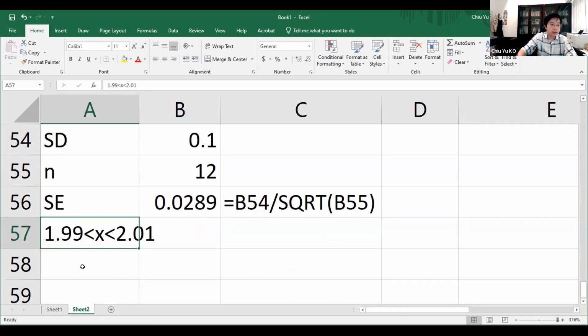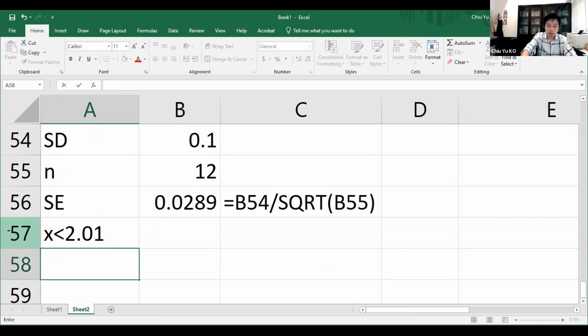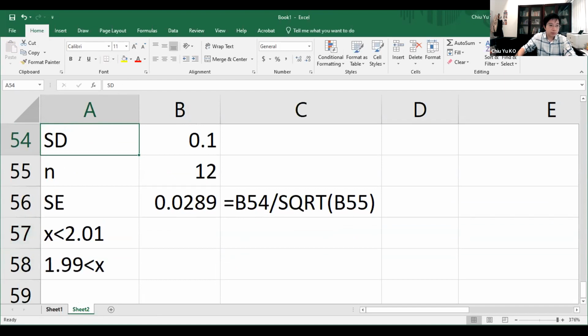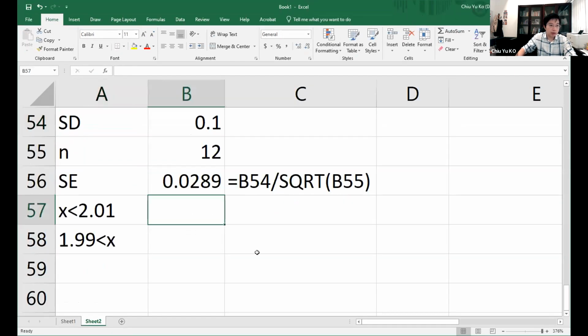So let's divide it into 2 parts. Let's calculate this, and 1.99. How do we do that part? You calculate the z's first. Basically you want 2.01 minus 2, which is the mean, divided by the SE.